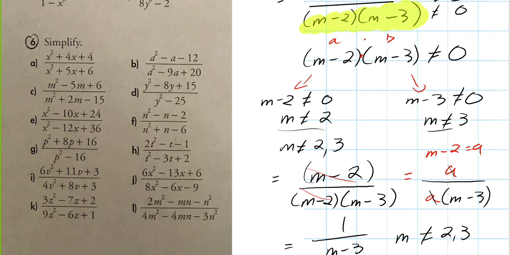Why would it be 1 on top? Couldn't you just write m minus 3 as the answer? So we don't technically cancel out. This is a common misconception. When you cancel stuff out, there are invisible numbers. Technically, there's a coefficient of 1 here. In fact, I can put a coefficient of 1 here also. And when this disappears, that 1 stays. If the bottom 1 stays, that's okay too, because 1 times m minus 3 is just m minus 3.